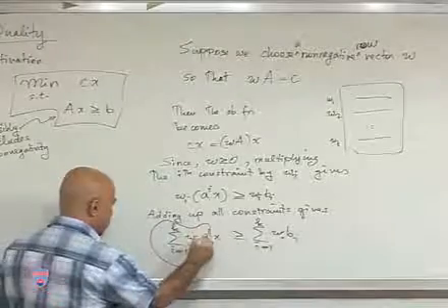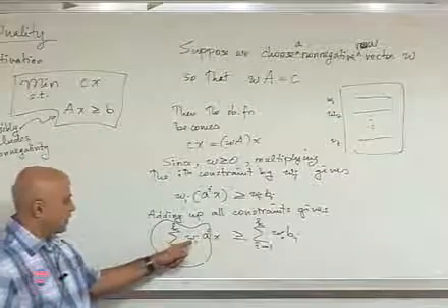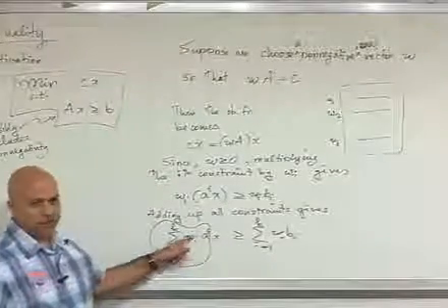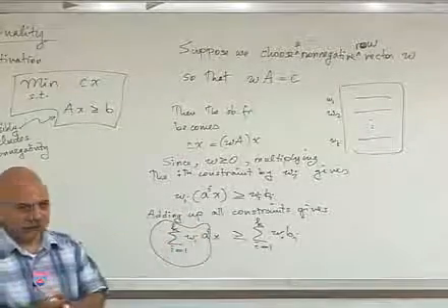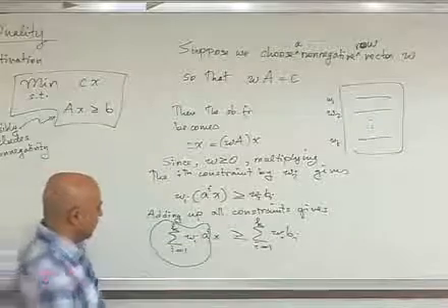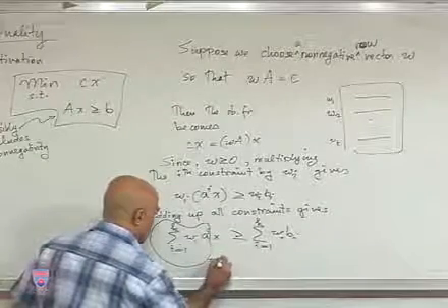This is actually the multiplier Wi times the ith row. So you just do this one at a time and add them up. So what you have here is nothing but WA.